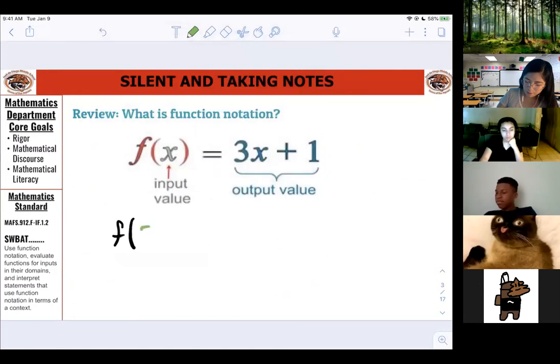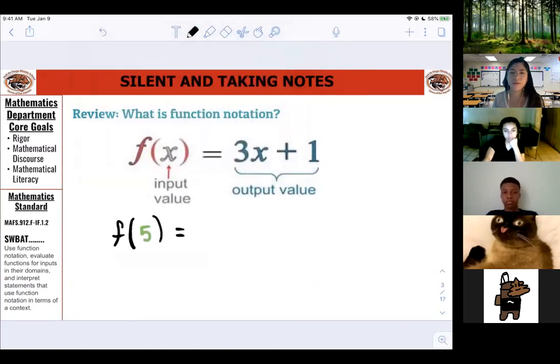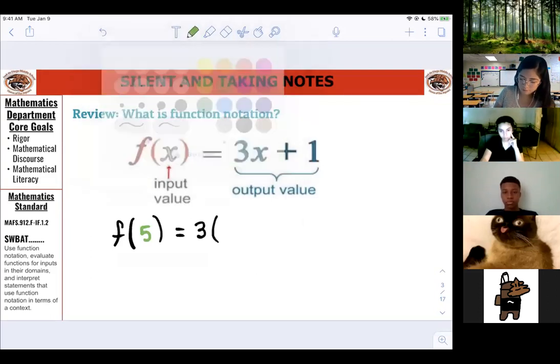So if Alyssa wants to input a 5, what would she have to do to the rest of this equation? It's the review from yesterday. Who remembers? If I'm finding f of 5, what should I do? 3 in parentheses 5 plus 1.